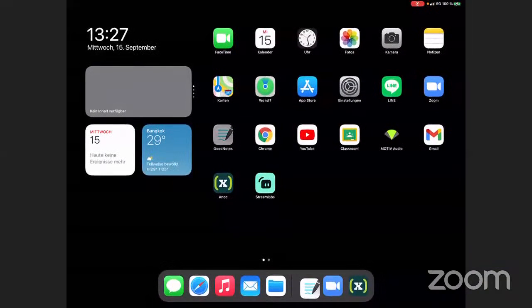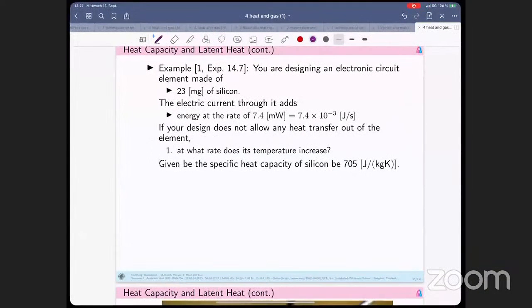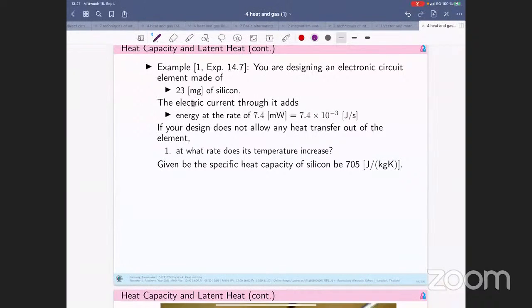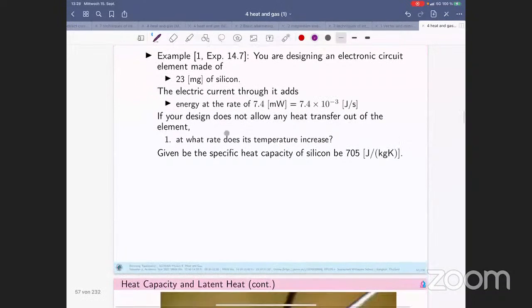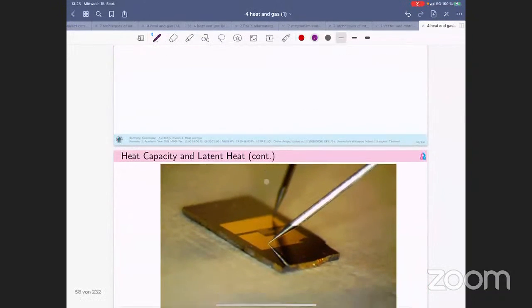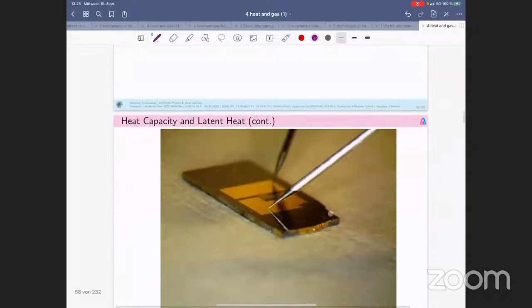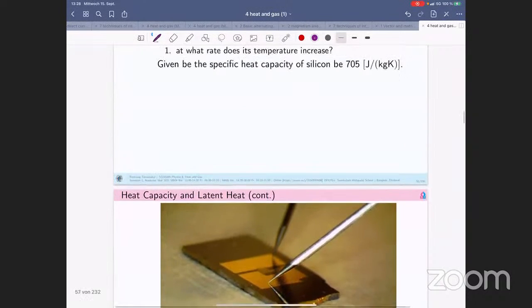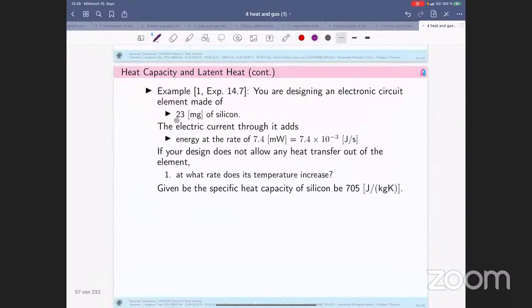Let's get back to the problem. We arrive at this problem: the electronic circuit is made of silicon like this. You have a piece of circuit, and it's made of silicon. It's not a big one, it's tiny, its mass is only 23 milligram.